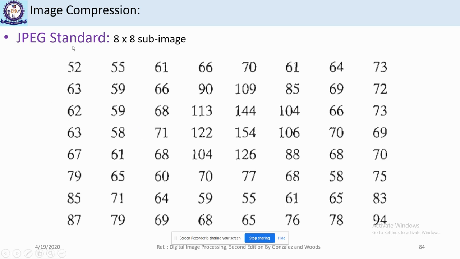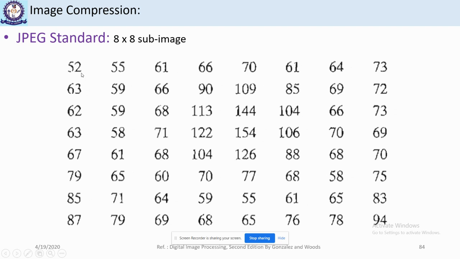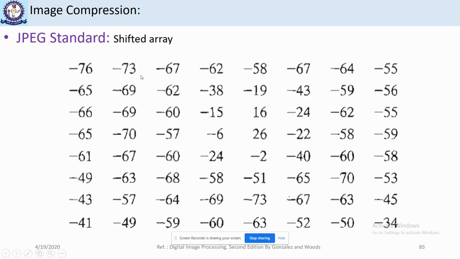So the level shifted array is, from 52, if I subtract 128, I get minus 76. This is the array we get after subtracting 128 from each element.